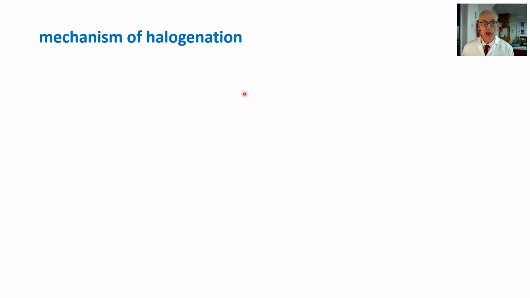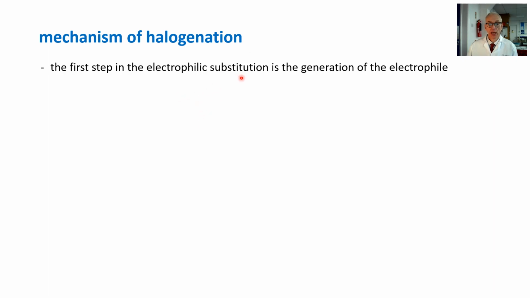We also need to consider the mechanism of halogenation, and of course, just as with nitration, we need to consider the same points. That is, of course, the generation of the electrophile. So chlorine interacts with the catalyst. I've chosen aluminium trichloride. An acceptable simplification at A level is the formation of a Cl plus particle, a positive chlorine particle, and the aluminium tetrachloride complex, which is negatively charged.